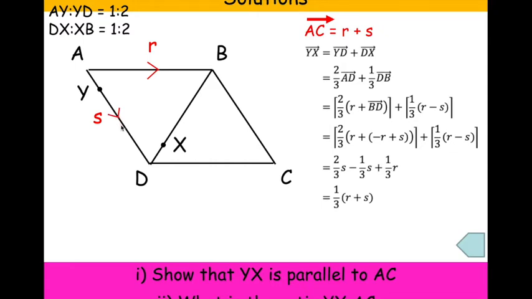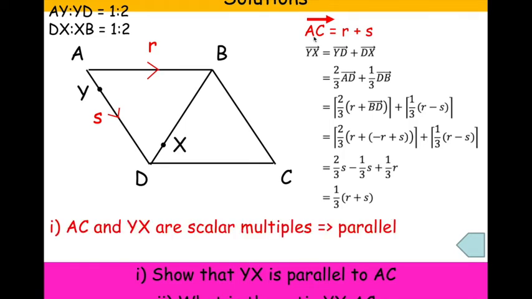AD is equal to vector r plus vector BD. Next we have to replace DB in terms of r and s. DB is equal to negative vector s plus vector r, or r minus s. And then you simplify to get the final answer, right?